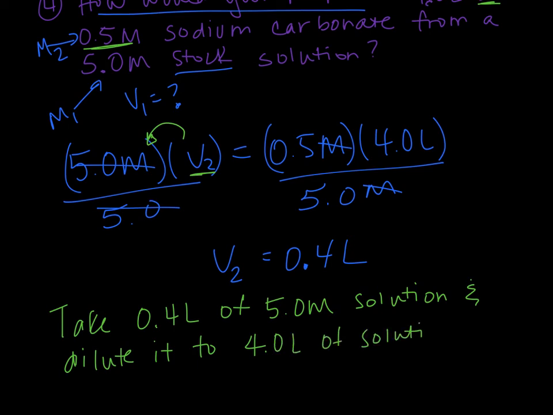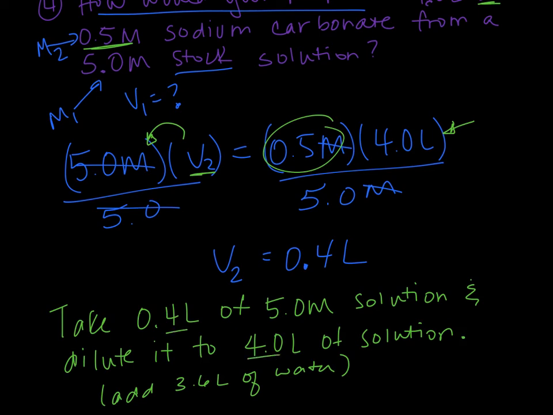So if we do that, we should get a solution that's 0.5 molar, which is what we want, because that's our second V. And so you could put, add 3.6 liters of water, because that's the difference between these two volumes. So we're adding 3.6 liters to 0.4 liters of a 5 molar solution.